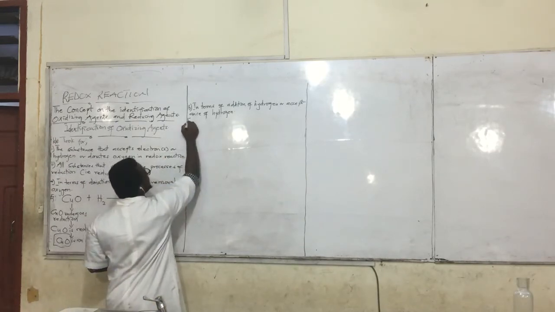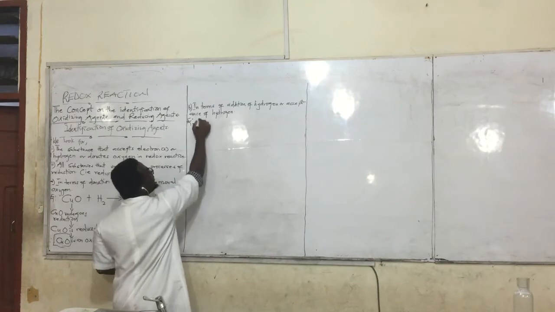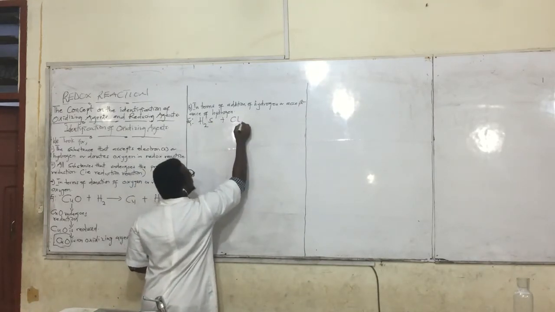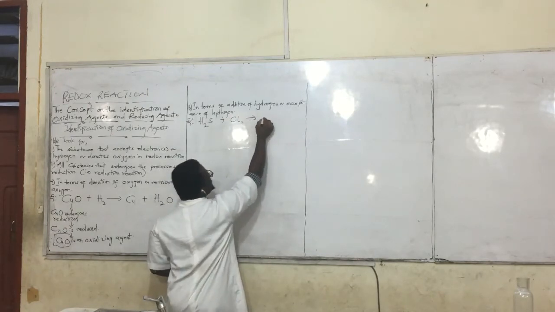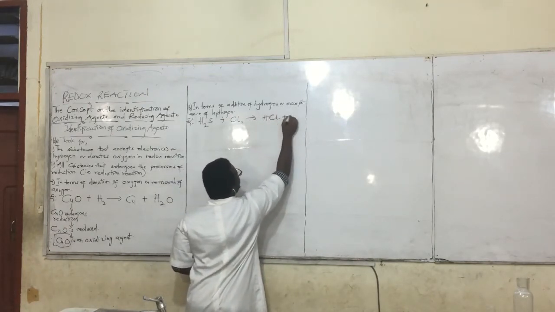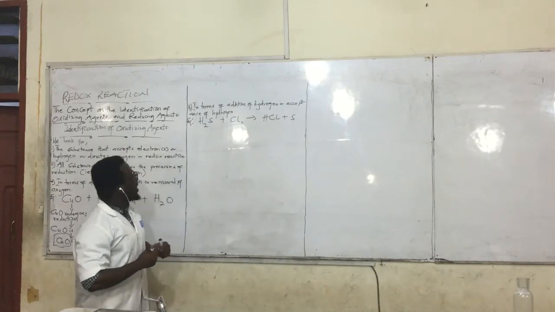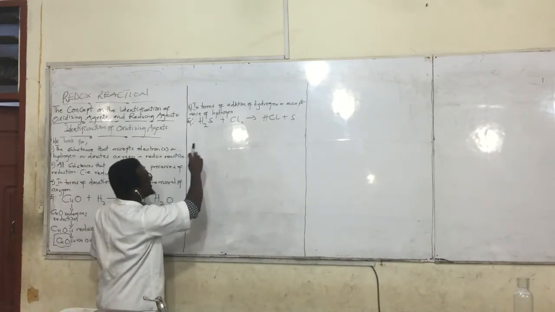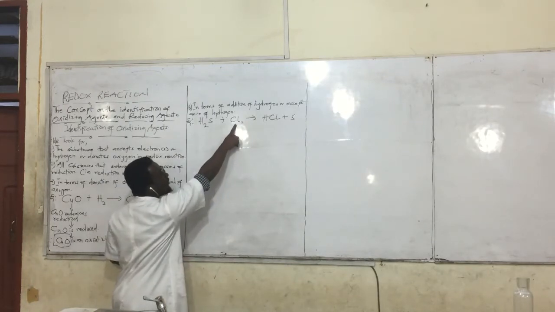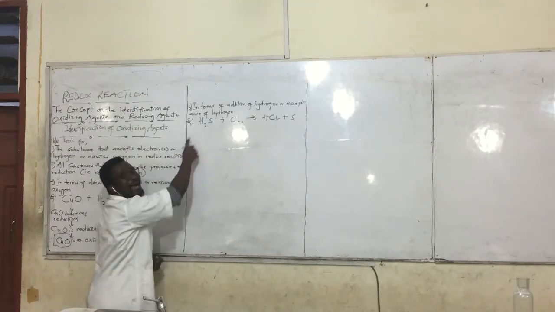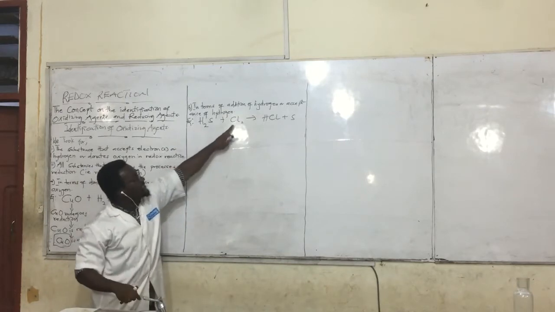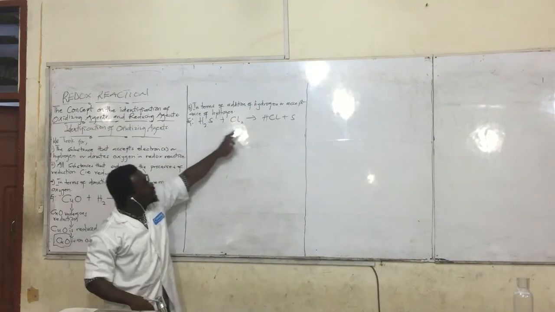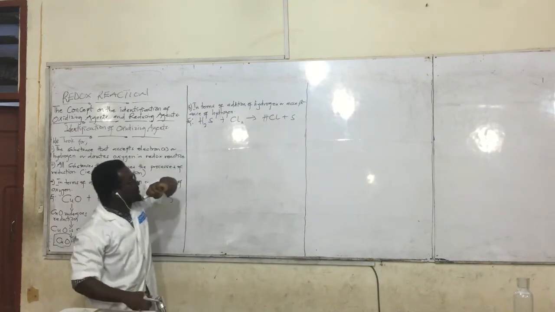Let's look at a very simple example. Now we have hydrogen sulfide plus chlorine will produce HCl plus sulfur. Now let's look at it in terms of addition of hydrogen or acceptance of hydrogen. You realize that chlorine accepts hydrogen from the hydrogen sulfide to produce hydrochloric acid.